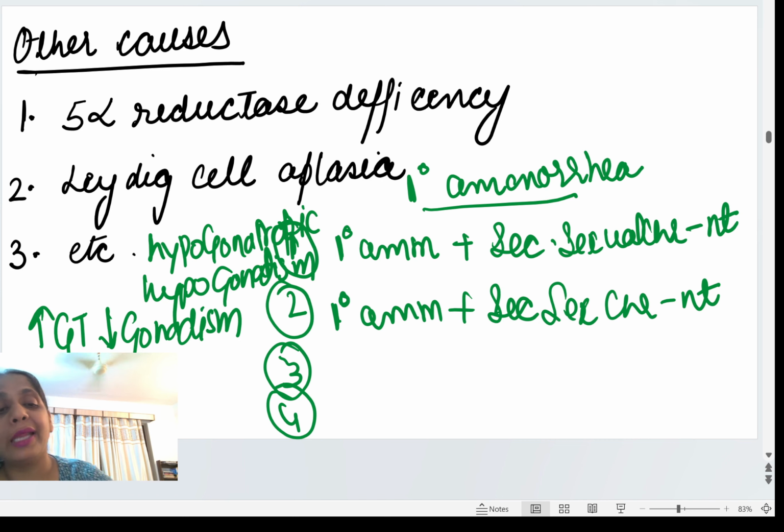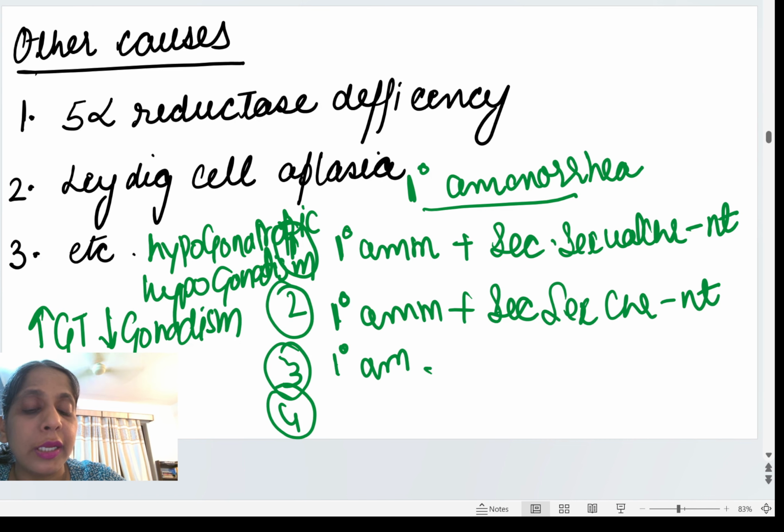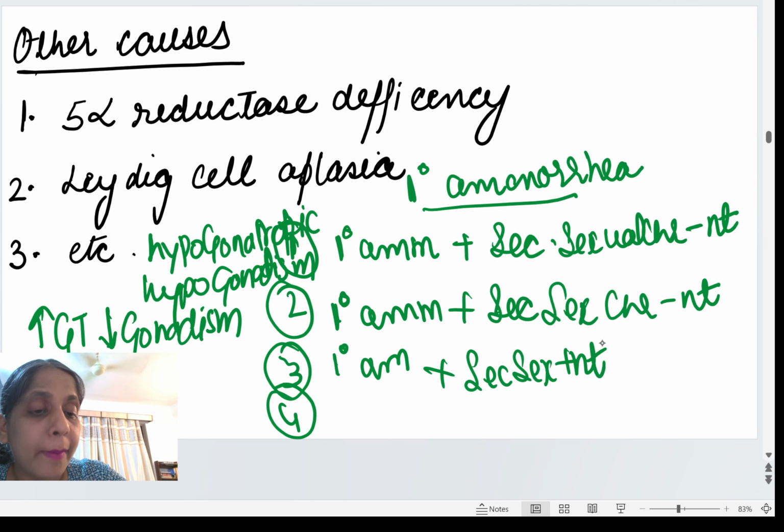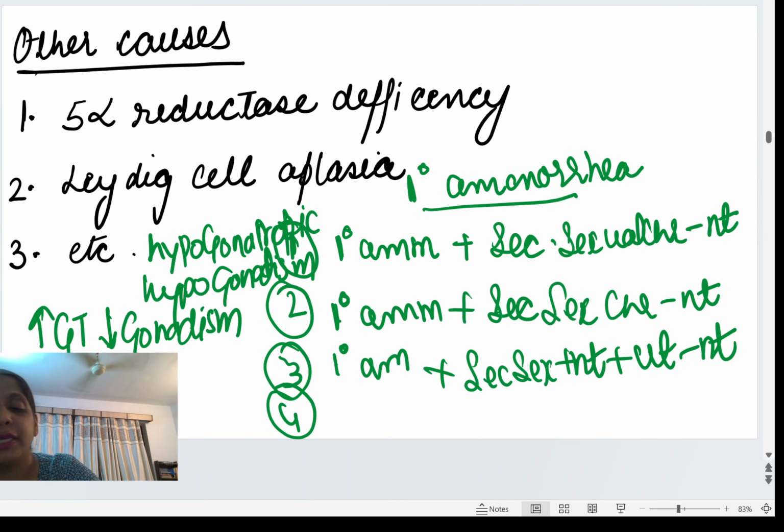In another case of primary amenorrhea we studied, the secondary sexual characteristics were present, but the uterus was absent. That was a case of Mullerian agenesis.